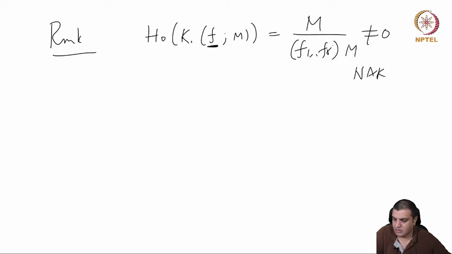I mean, an ideal of elements of positive degree cannot kill a module. M cannot be equal to I times M if every element of I has positive degree. Okay, so this is what we have.